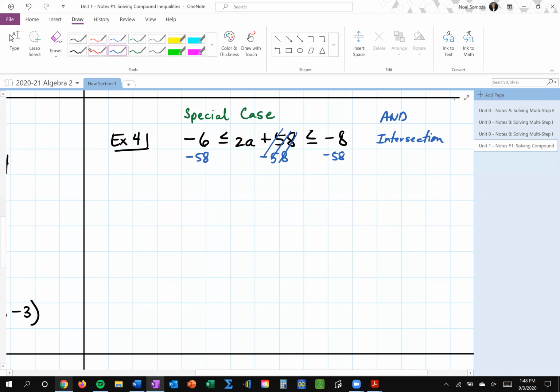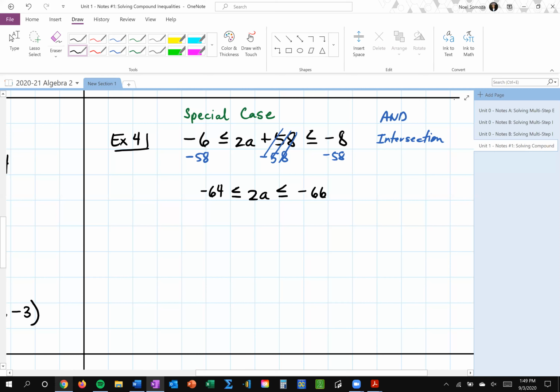That's gone. Now we have 2a less than or equal to negative 8 minus 58, which gives us negative 66. And on the other side, negative 6 minus 58 gives us negative 64.